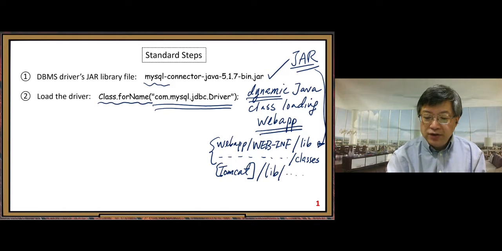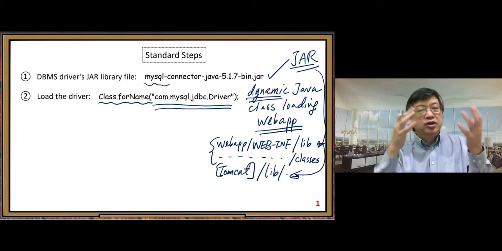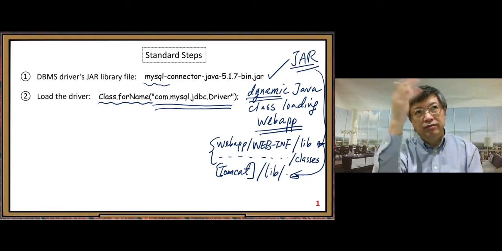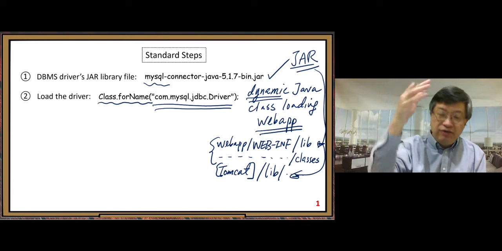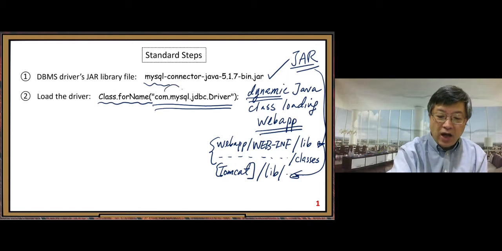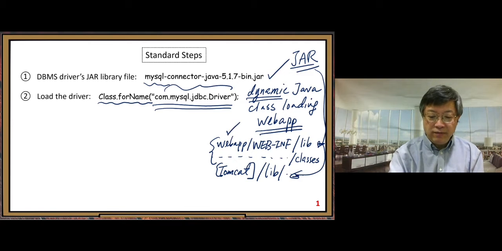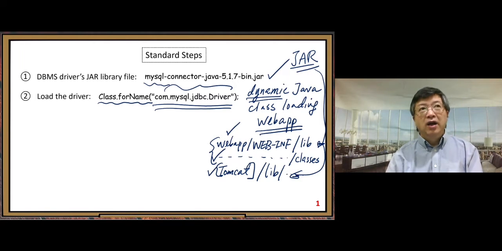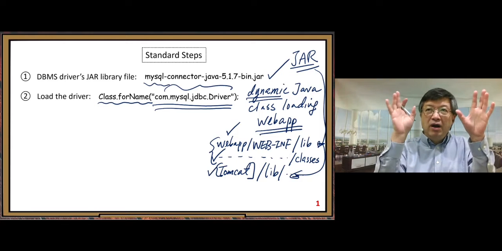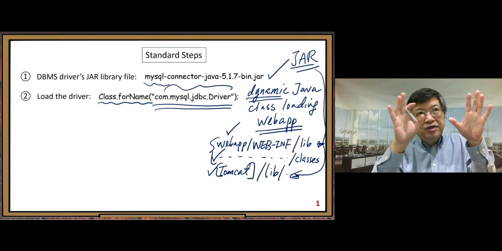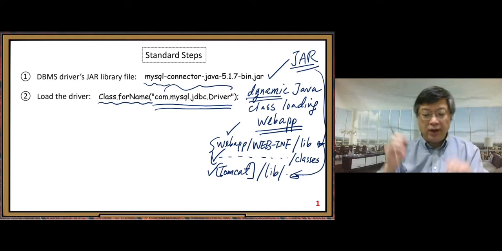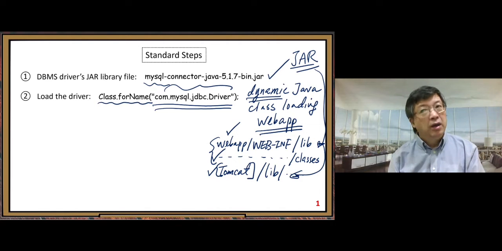All the Java files in this location will be searched by your server to find the class needed. Only these three places. If you put your Java classes in other places, the server cannot find them.